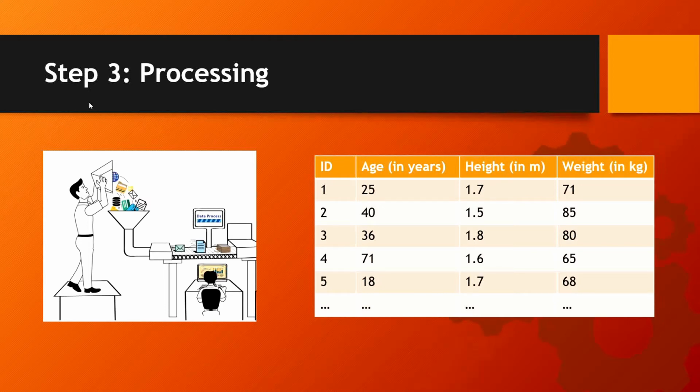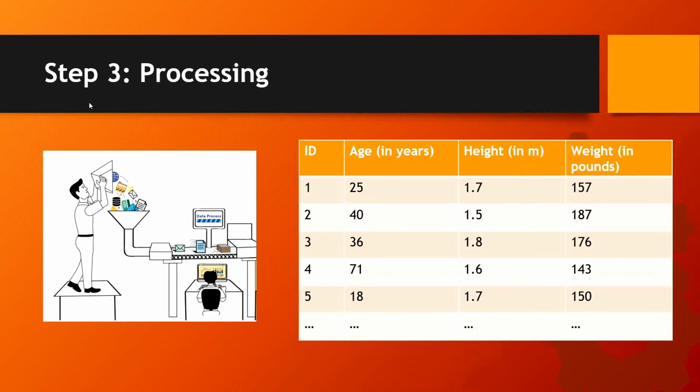So let's say if a British person wanted to be more comfortable with the data, they can process it and convert the weight into pounds to make it easier for them to analyze it. Okay, so this is one type of data processing. There can be other ways to process it as well.